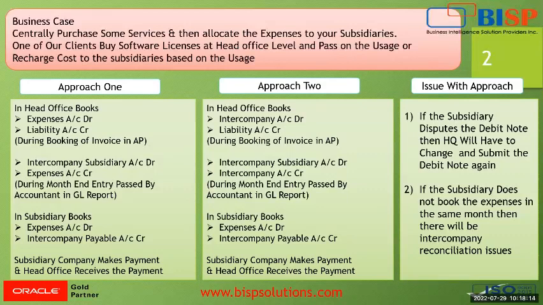The issues with the two approaches are that if the subsidiary disputes the debit note, then the head office has to change that particular debit note and all the process goes on again. Another problem is that if the subsidiary does not book the expenses in the same month, then there will be an intercompany reconciliation issue.